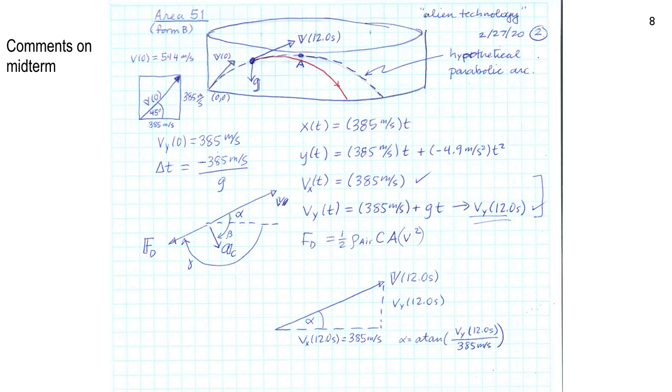But anyways, the alpha is the arctangent of whatever you get for Vy of 12.0 seconds divided by 385. All right. So see, where did she go? Oh, there you are. Does that make sense? Yeah. So once you get alpha, then opposite that is the drag force perpendicular to it, because the centripetal acceleration is always perpendicular to the velocity.